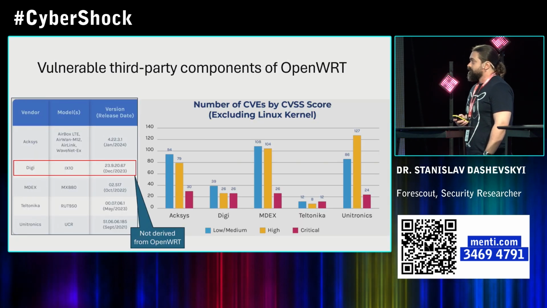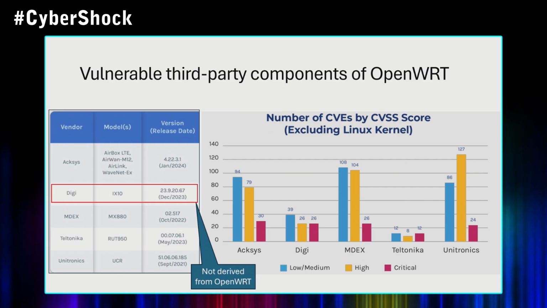This is an example from another study we did, specifically on five router operating systems, four of which were direct derivatives of OpenWRT. These were several snapshots we took, so this was the latest version of each of them. We used certain tools to try to understand how outdated the open source components are, what the potential historical vulnerabilities are, and what the risk involved is.